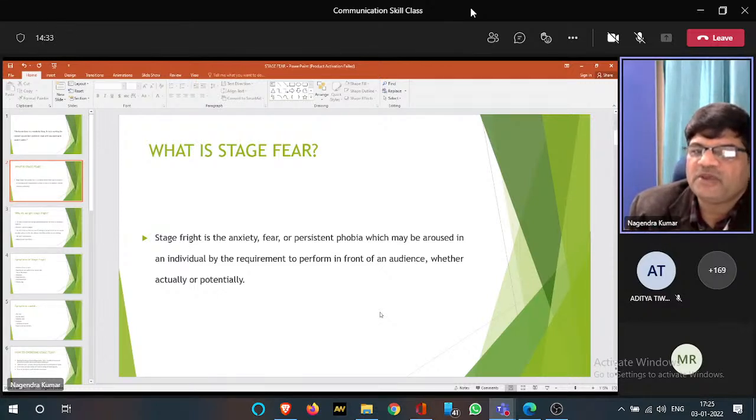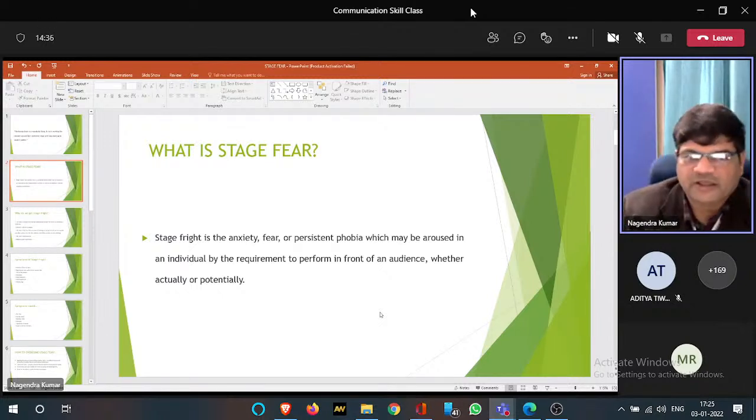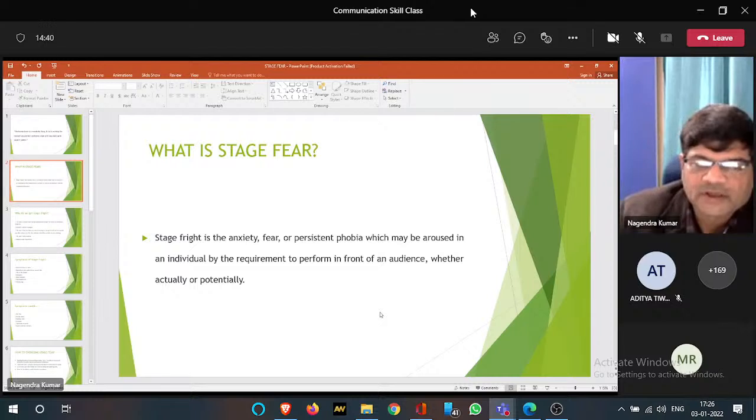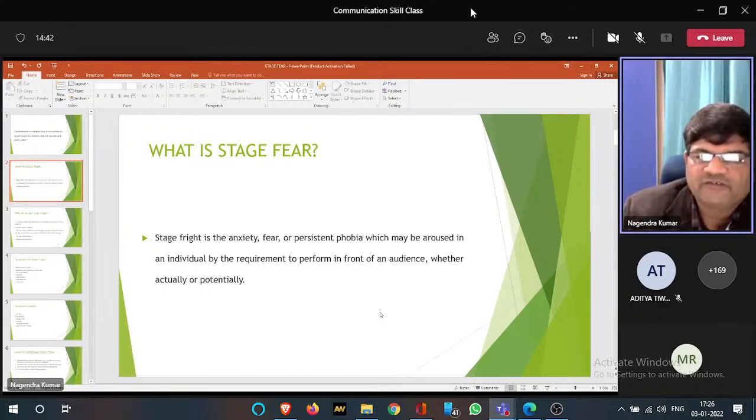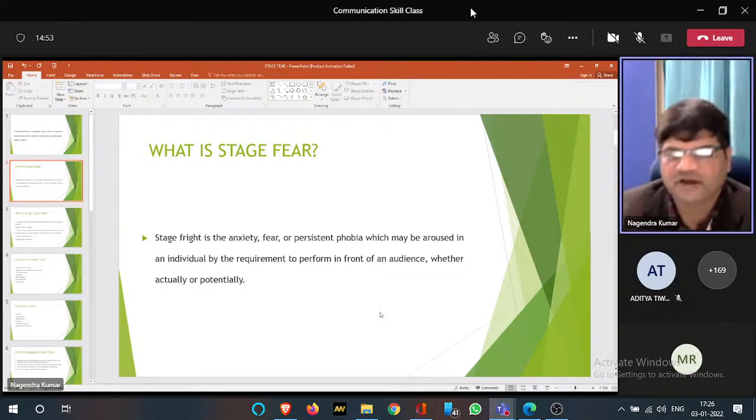So their fear will be more compared to somebody who does not have this kind of trauma. So simply put, stage fright is the kind of anxiety, fear, or phobia that we experience while standing on the stage and presenting ourselves.